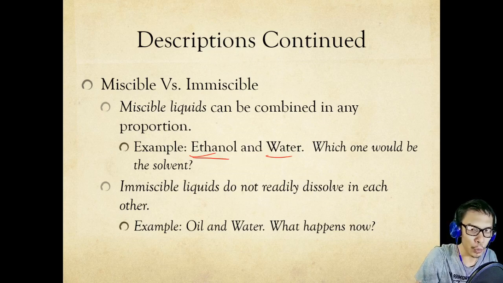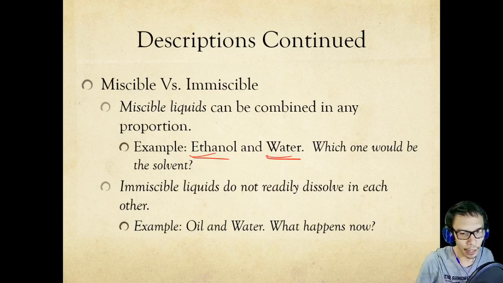Meaning to say that these two, when you mix them together, they are combined uniformly, and you can't tell the difference in the final solution. I repeat, the example here is ethanol and water.